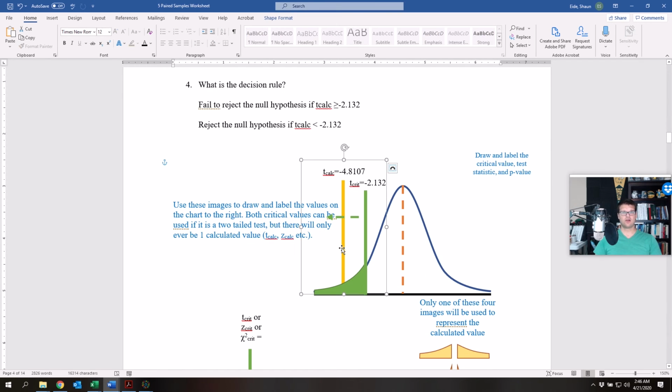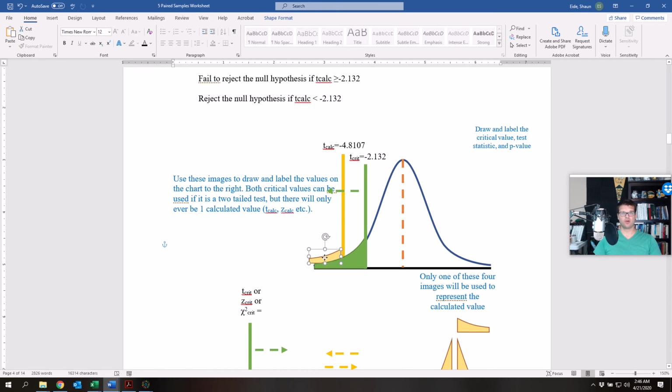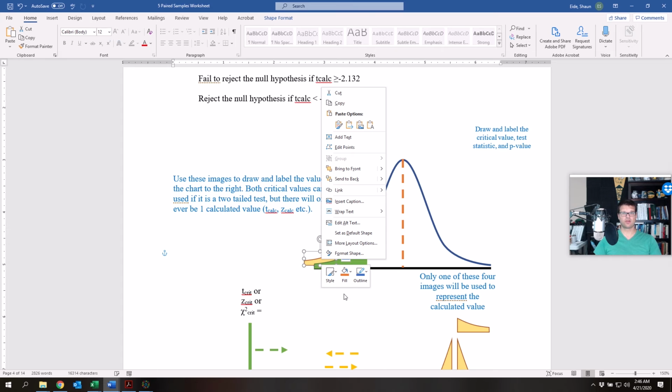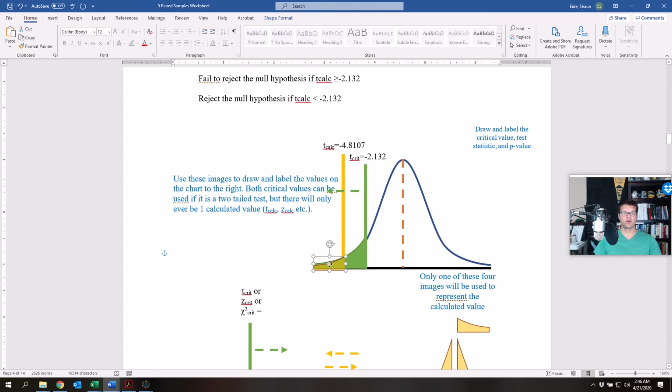And so then we're going to put this right here, and we're going to bring this to the front. Arrange, bring to front. There we go. So we've got tcalc compared to tcrit, and because tcalc is beyond tcrit, we are going to reject the null hypothesis.